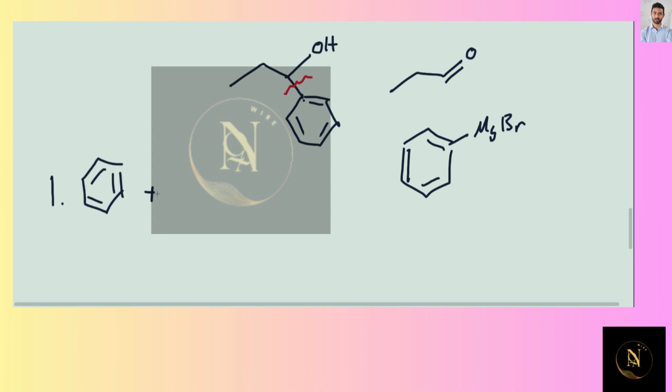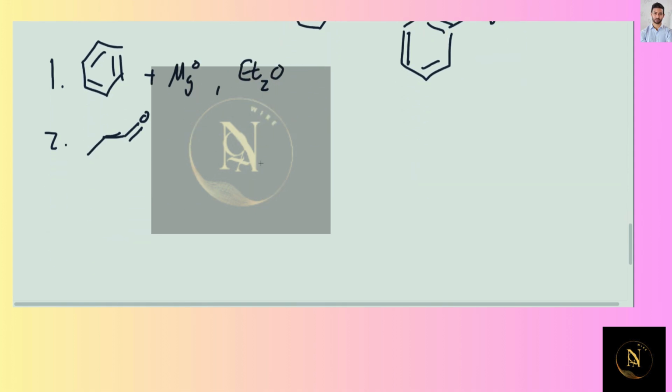And to make our Grignard reagent, we're going to add solid magnesium in diethyl ether. And for our next step, we're going to add our aldehyde. And for our final step, we're going to do an aqueous acidic workup, and that's to protonate the alcohol. And that's it.